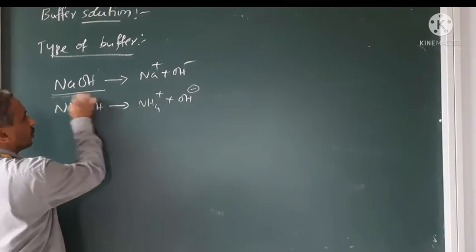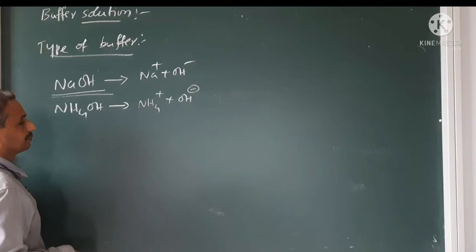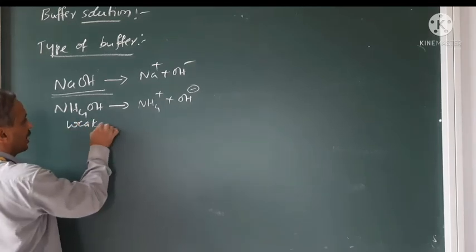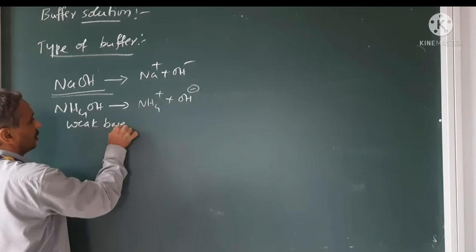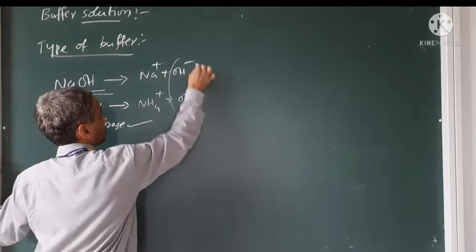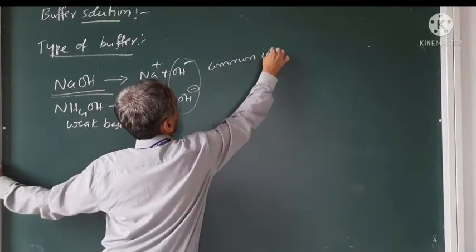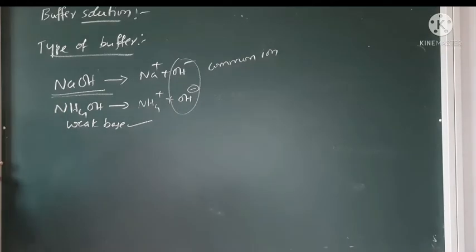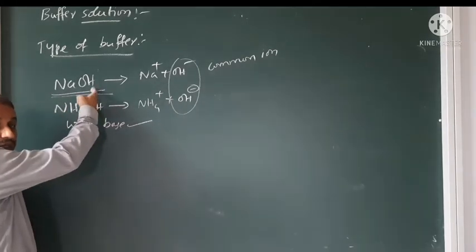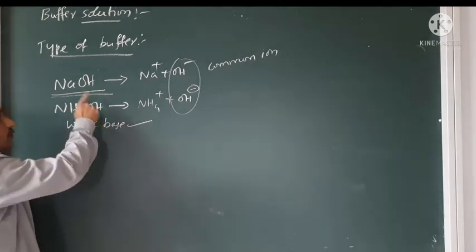See, this is not a salt. This is a base, not a salt over there. So what is it? Weak base. That criteria is satisfied here. Weak base is there. And there is a common ion. That criteria is also satisfied. But the thing is that there should be a strong salt of the base, a strong salt of it with the common ion.